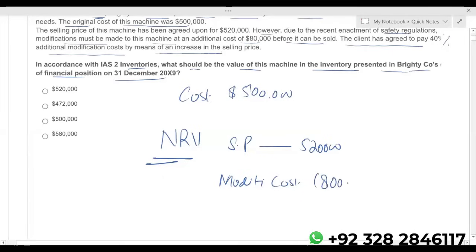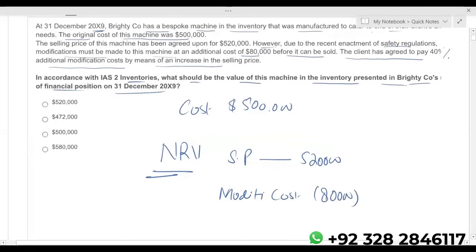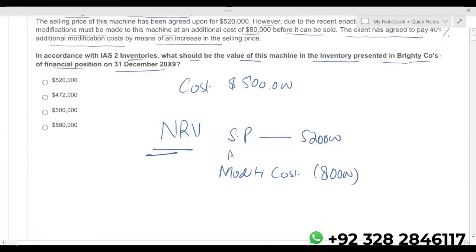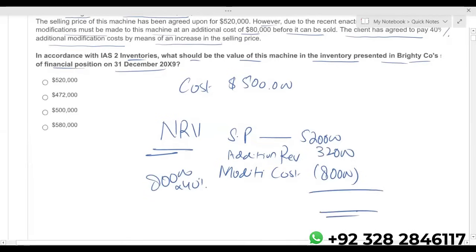But the entire cost burden is not on the company. 40% of that, the client is going to pay you. It means you can say additional revenue. So 80,000, if I take 40% of that, 32,000. Let's see what NRV is. 5,20,000 plus 32,000 minus 80,000.